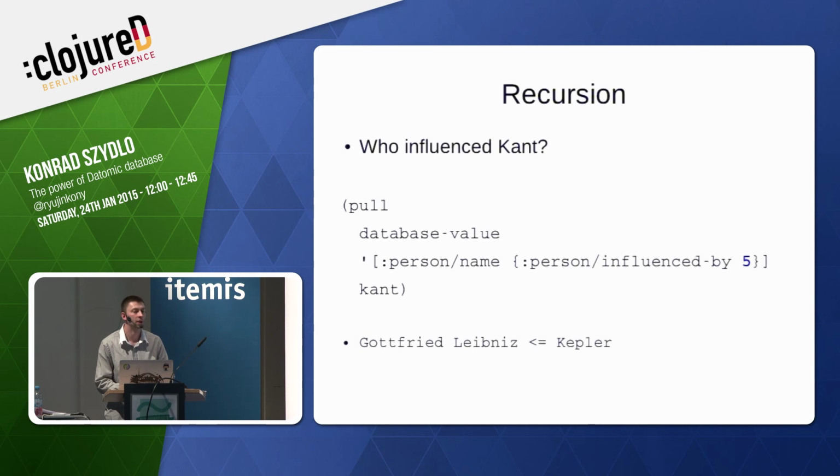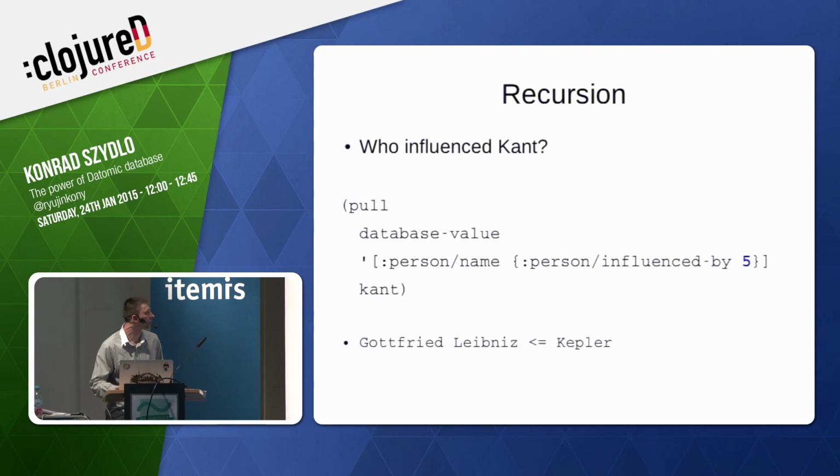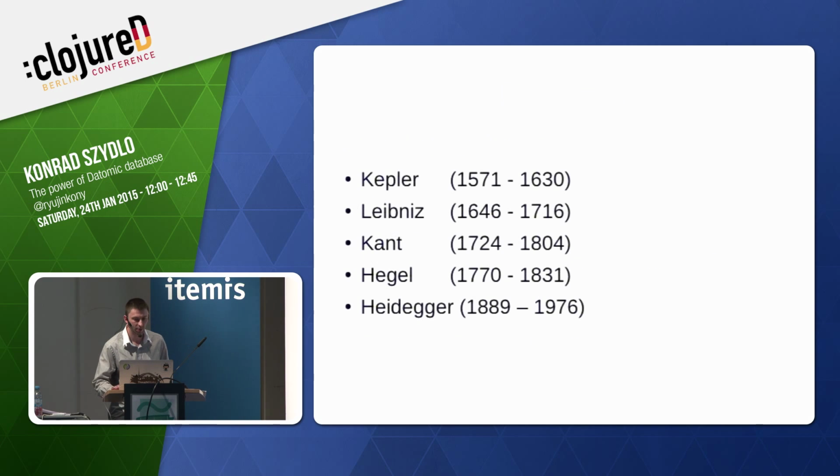Value 5 would mean that we want to look 5 degrees in the past. So in our little list of philosophers, we could see that Kant was influenced by Leibniz, and Leibniz himself was influenced by Kepler.